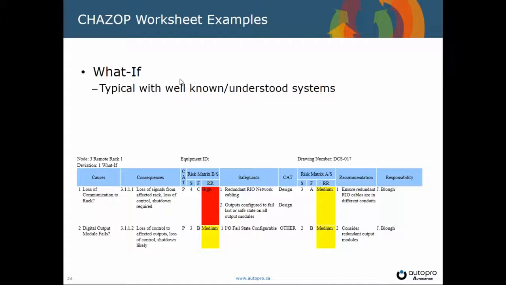If you have a DCS that's standard throughout your corporation, we can start asking what if questions, since we know what the failures of an IO module are. We can just ask what effect that has on this particular process. There are several ways to document, and again, this is more along the lines of what would be done in PHA Pro, but you can document it as meeting minutes as well.